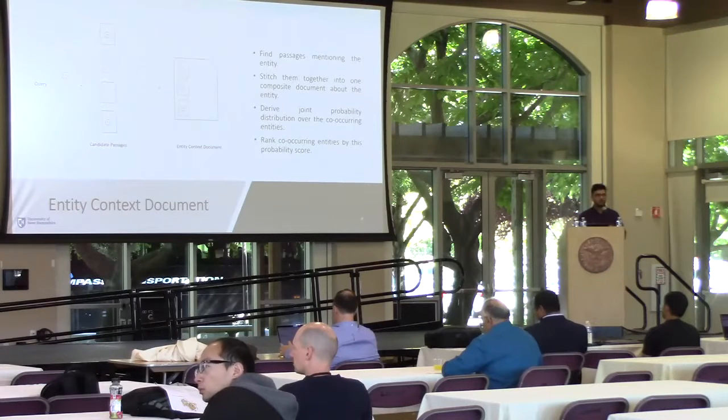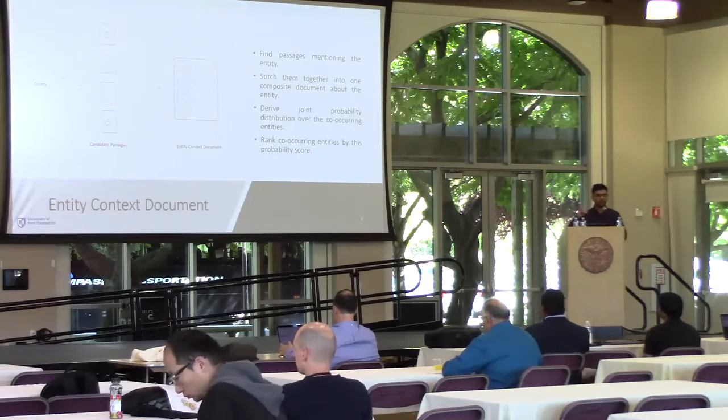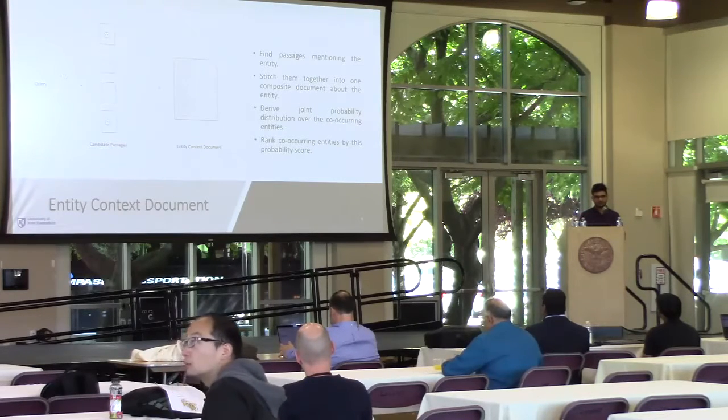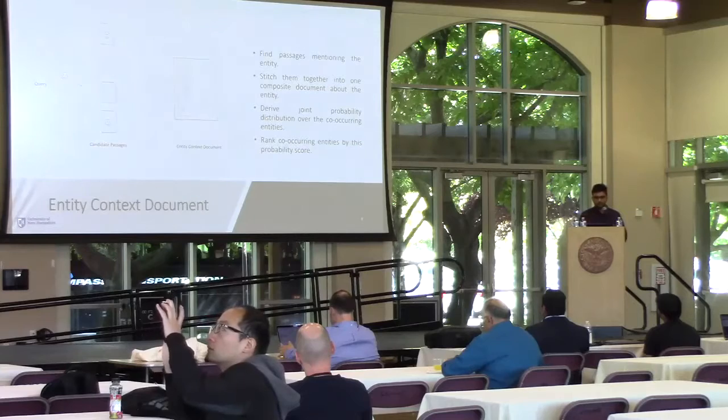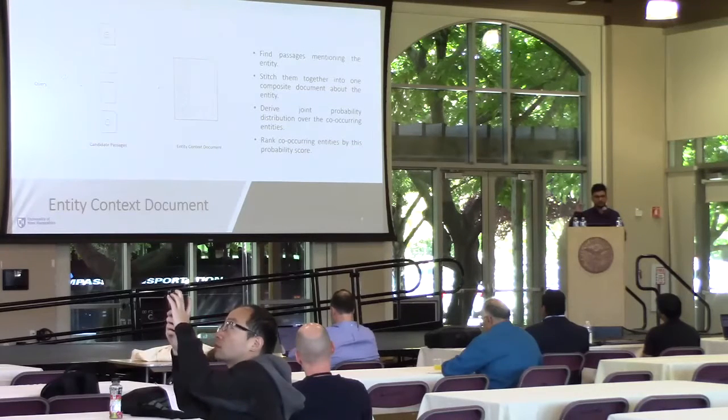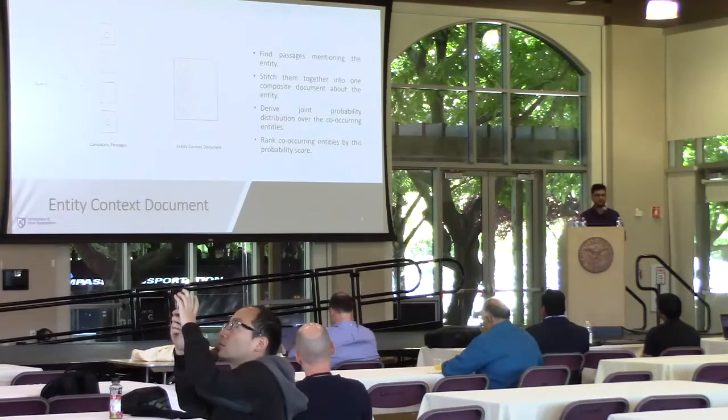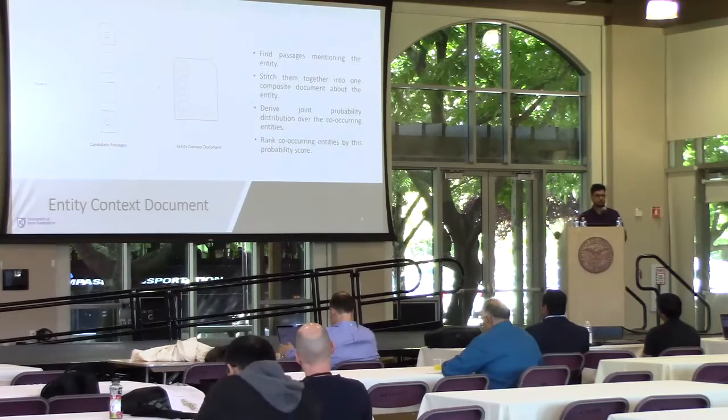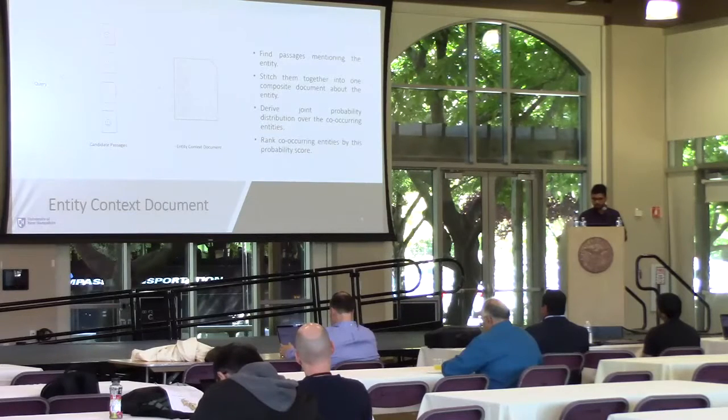All the entities in that composite document would be entities which co-occur with that target entity. If you count the number of times these co-occurring entities occur, you can have a probability distribution of these co-occurring entities, and then you can rank them by this probability score.